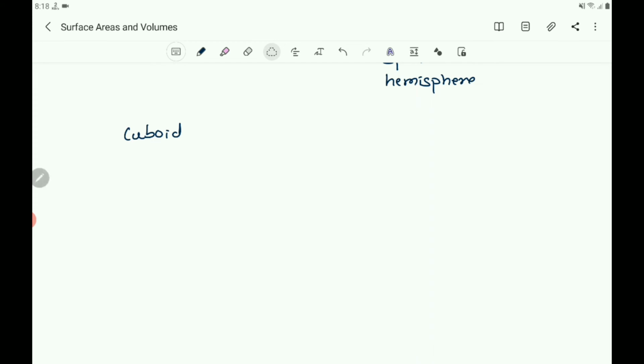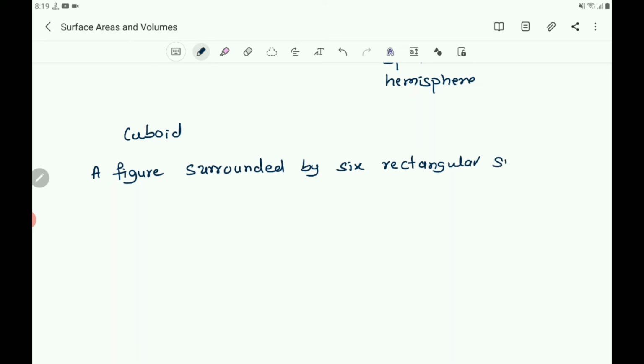So write a figure surrounded by 6 rectangular surfaces is called cuboid.